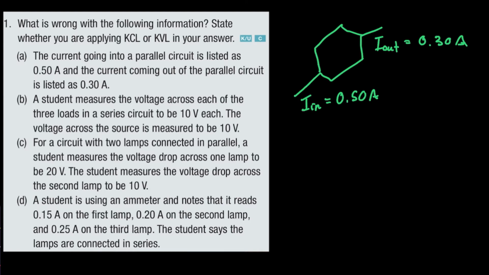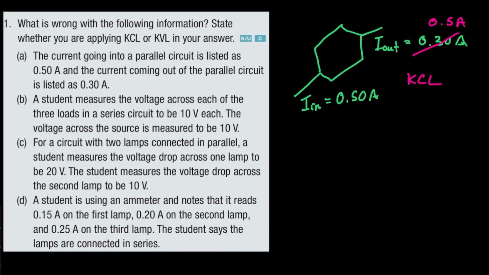So we need to make this correction, and this should have read 0.5 amps. So the correction is all the current going into a circuit junction will be equal to all the current at the junction at the output. And this was by Kirchhoff's current law.